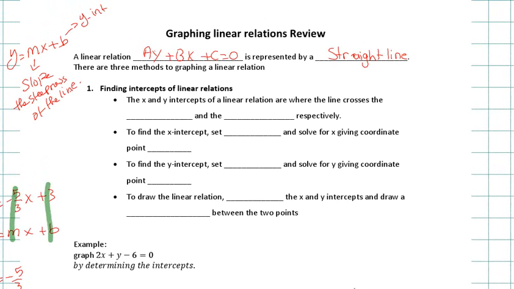Now, in order to graph a line, I need 2 points. That's it. 2 points, locate them, put a line between them. So if I can find the x-intercept and the y-intercept, I can draw it. So let's write that down.